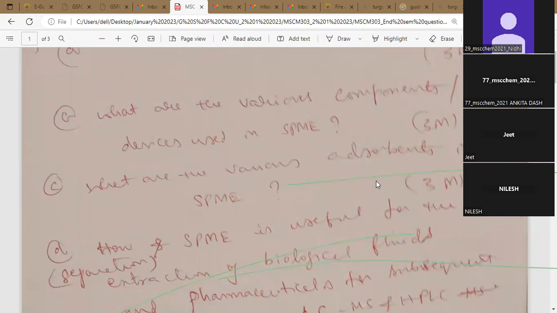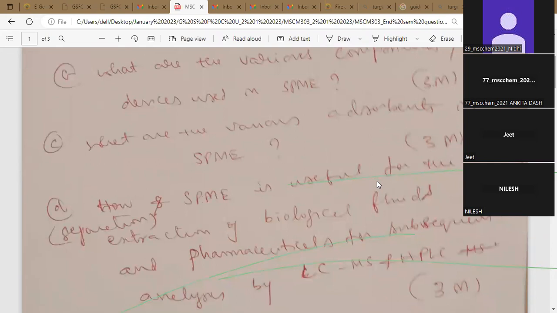In the same question, the next part is: what are the various adsorbents used in solid phase microextraction?